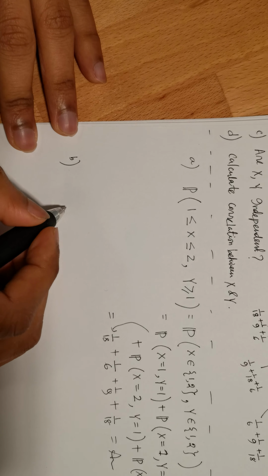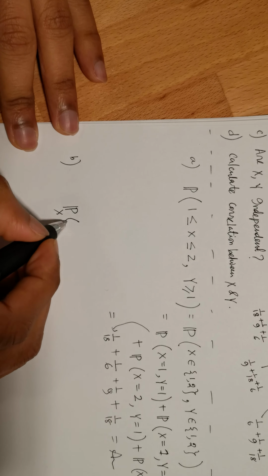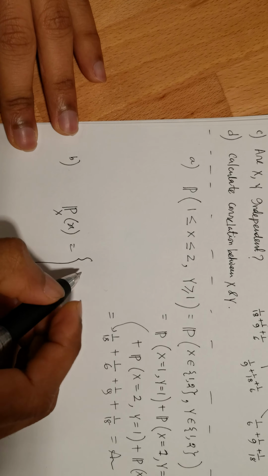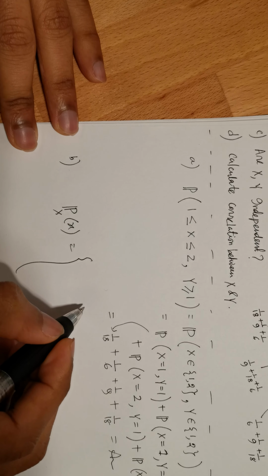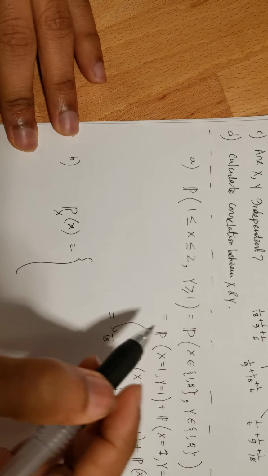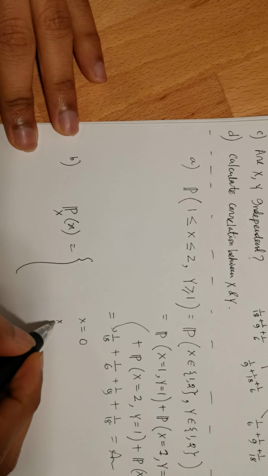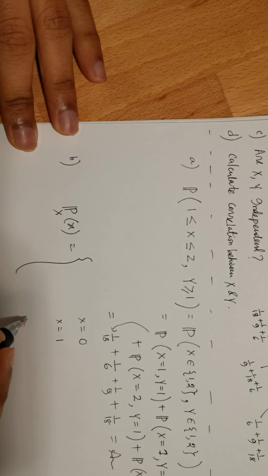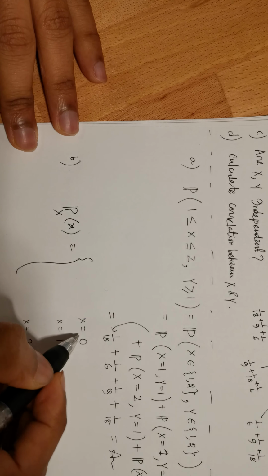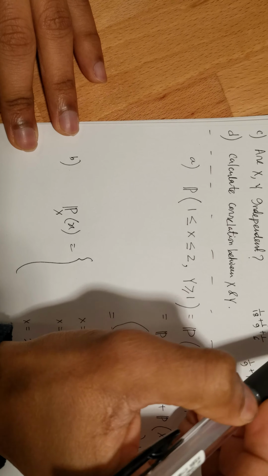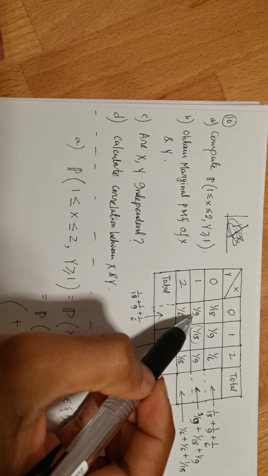In other words, the probability mass function for x: x can take value 0, x can take value 1, and x can take value 2, right? So what is the probability that x takes 0? x takes 0 with this probability, the sum of 1 over 18, 1 over 9 and 1 over 6.